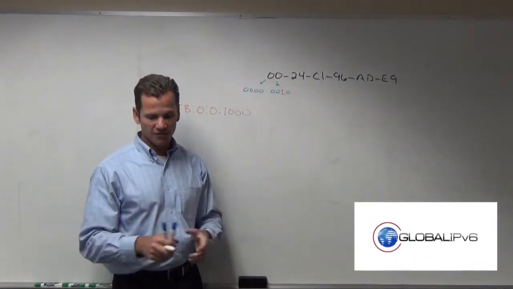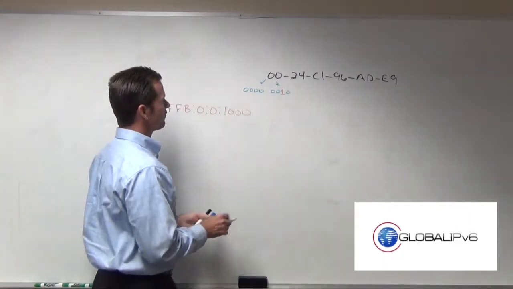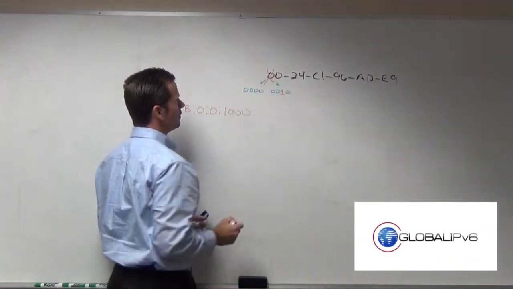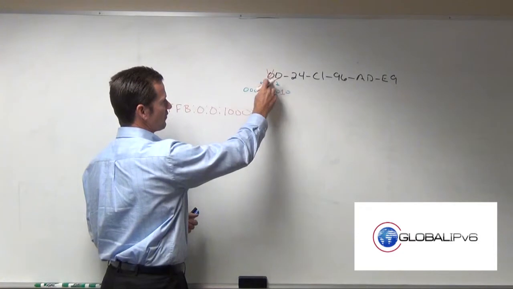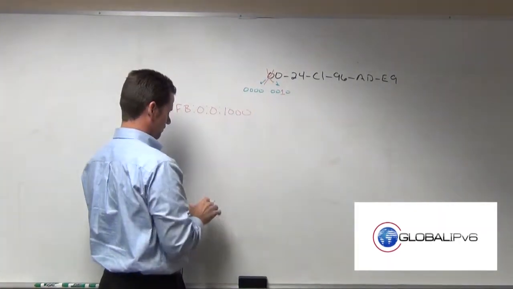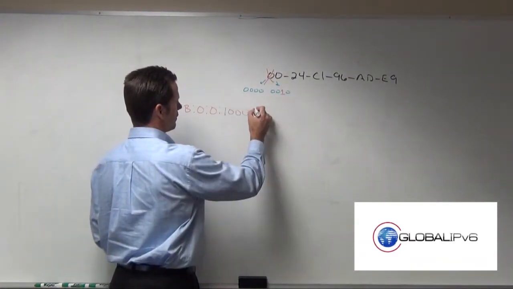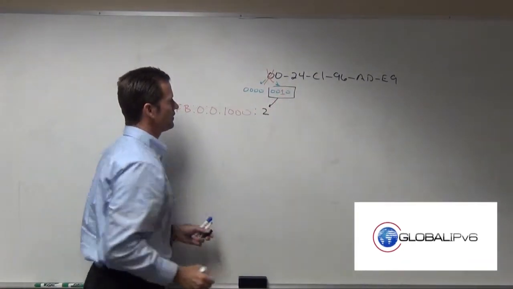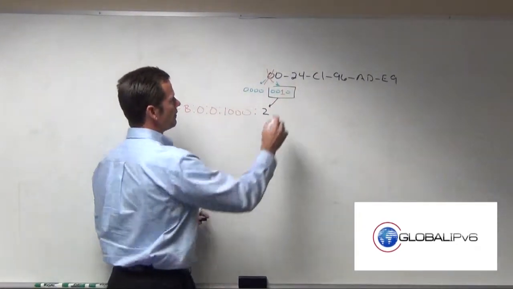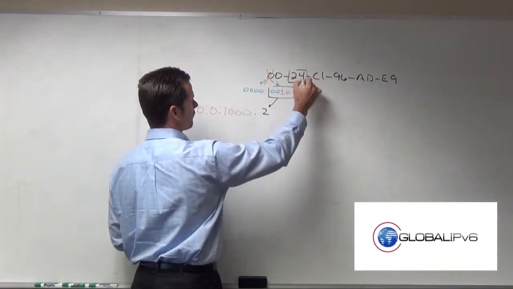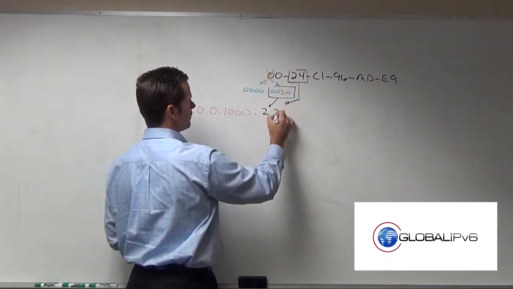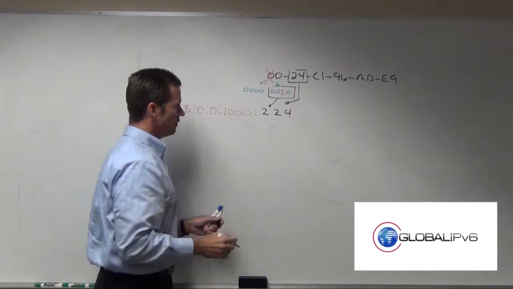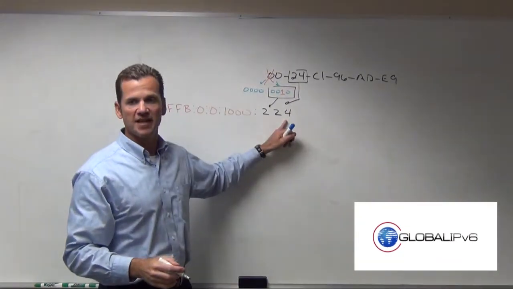In IPv6, all leading zeros are dropped, so my leading zero drops and I'm left with a 2. In this case, I have a 2, and then the next two values are brought down to make 24, and that would make up my first 16 bits.